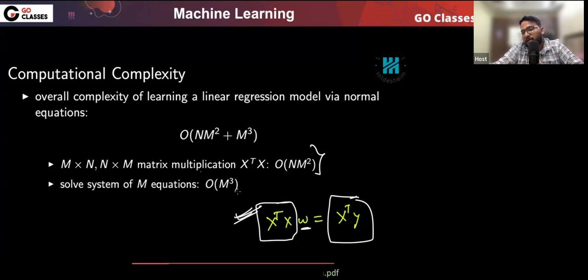And then if you solve the system of linear equations using Gaussian elimination, it will take order of m cube. So these m cube and m square are costly operations. These are called the big O notation and asymptotic notations, which will come in the data structures and algorithms topic.